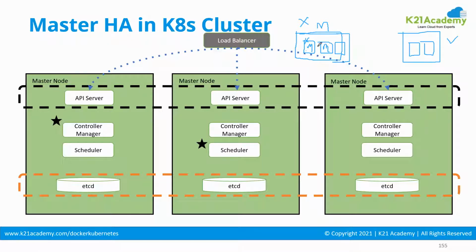Zone is nothing but isolation rack wise, so that a single point of failure such as power failure or network failure, if it occurs, doesn't take everything down. Let's say there are 3 zones and 3 master nodes. I have one master node in the first zone, another in the second zone, and another in the third zone.